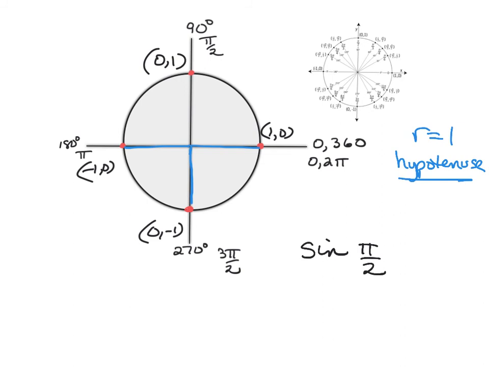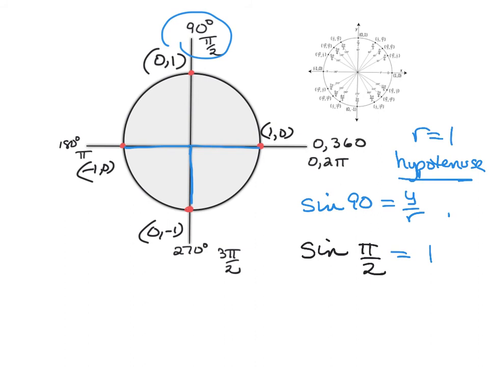So here, if it asks me to find sine of pi over 2, pi over 2 is really saying find sine of 90 degrees. If you've memorized that sine is y over r, I'm just going to come up here and find where pi over 2 is, look at my y, and that's my answer.